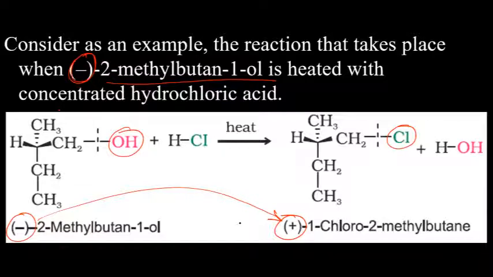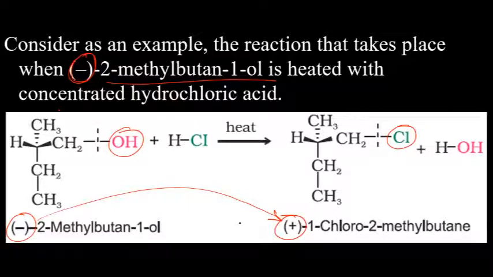So it is not necessary that if the configuration is maintained during retention, the product will also have the same optical activity. So optical activity may change even if there is retention. I am repeating, even if there is retention of configuration, the optical activity can change. It can remain the same, it can change.